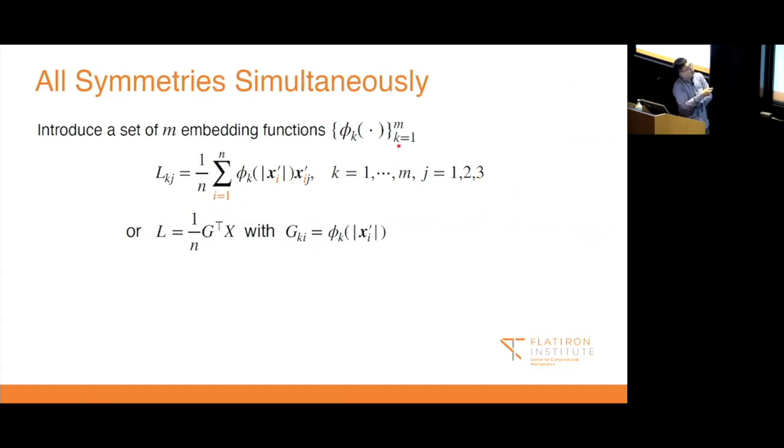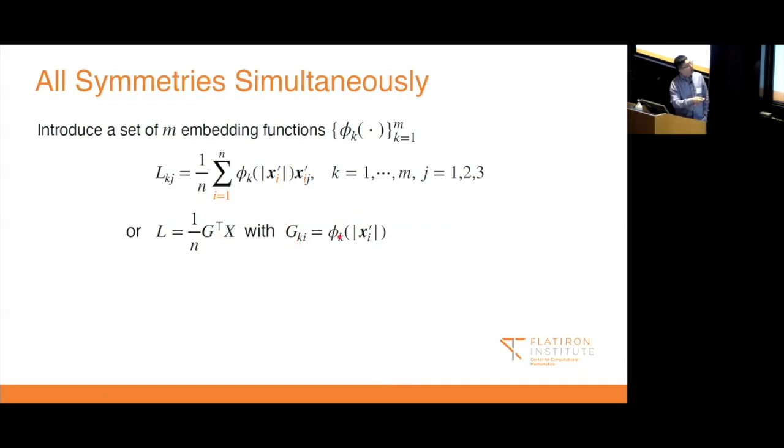So from 1 to M is the number of features you select a priori. If you write it in the matrix form, this L is G transpose times the input matrix X, where G is a weight matrix or embedding matrix that is invariant to both translations and rotations.